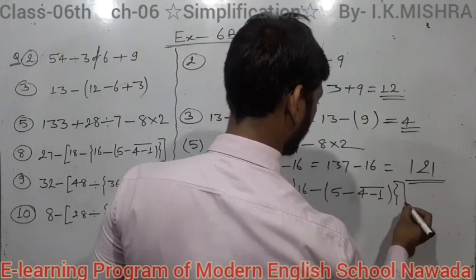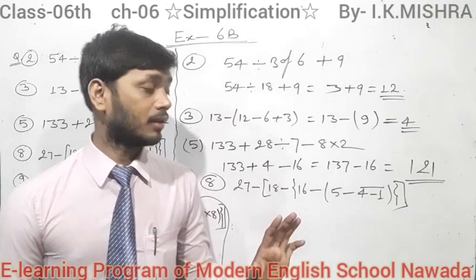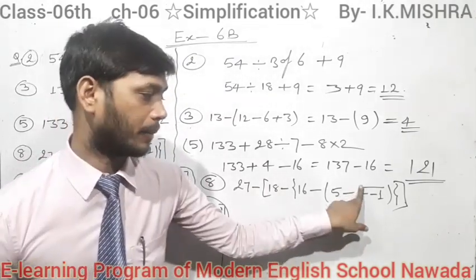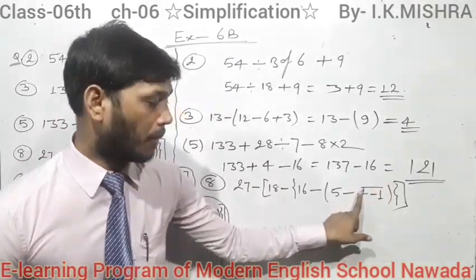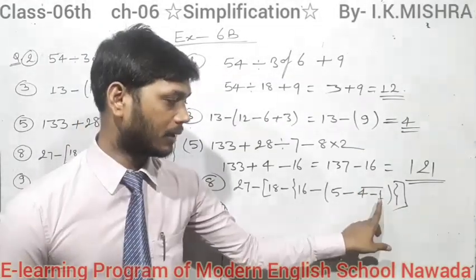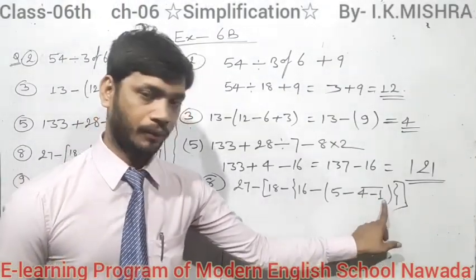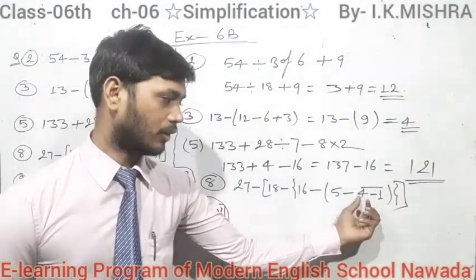Here students, as in the previous video I discussed how you will use the bar bracket. Here minus is outside the bar bracket, so first of all subtract 1 minus 1, here minus 1, that means 4 minus 1, and do the sign of this.